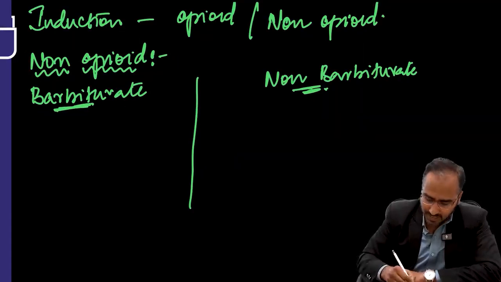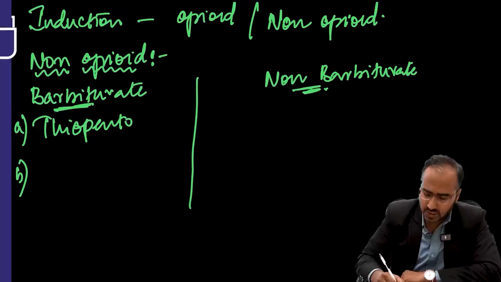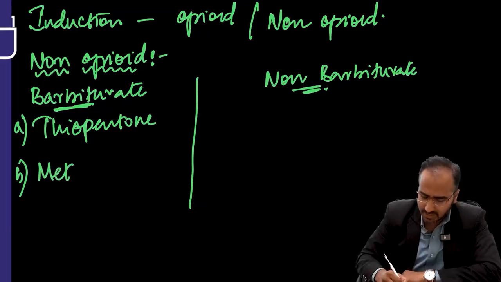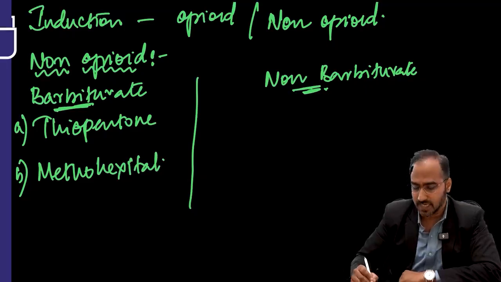Okay? Non-opioid induction. So I told you in non-opioid there is barbiturate and non-barbiturate. In the barbiturates, again there are two drugs. One is thiopentone, that is sodium thiopentone. The other is methohexital. Right?